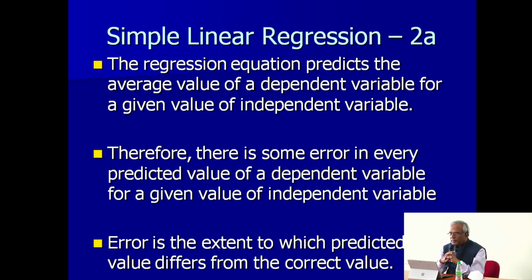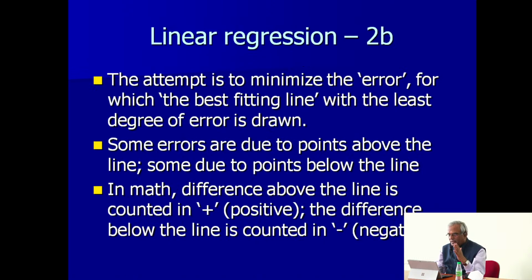So we have already covered this. There is some error in every predicted value of the dependent variable for a given value of the independent variable. And error is the extent to which the predicted value differs from the correct value. We also said the best fitting line is based on the least square method. So the least squares method is the way linear regression is usually prepared.